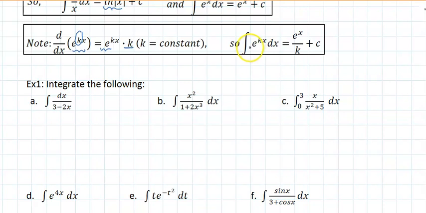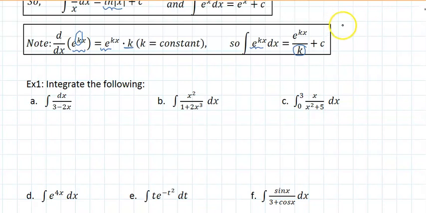If I was to ask, what did you take a derivative of to get e to the kx, it would be wise to say, e to the kx, and since when you take a derivative, you multiply by k, when you take an antiderivative, it should make sense to divide by k. Instead of using a u sub every time, that saves you a lot of work.